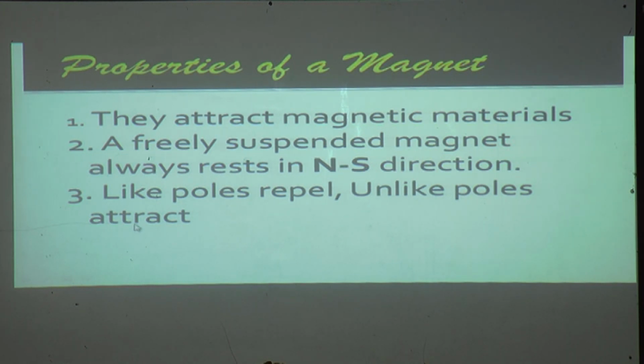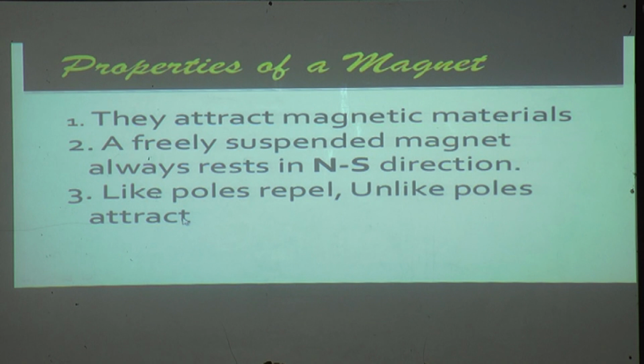Then one more property is that like poles repel and unlike poles attract. What does it mean? Like poles means, for example, north pole. When we take two magnets and keep them closer to each other, what will happen? If we keep north and north poles closer to each other, they are going to repel.